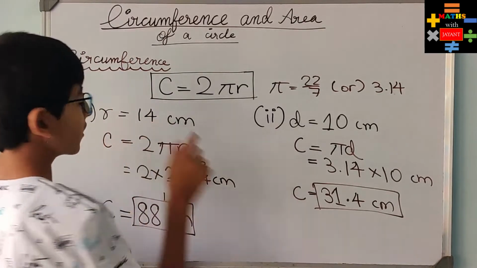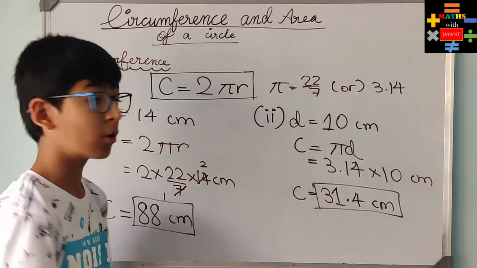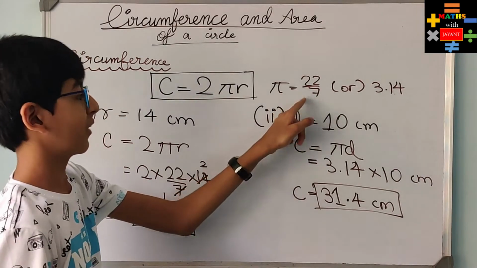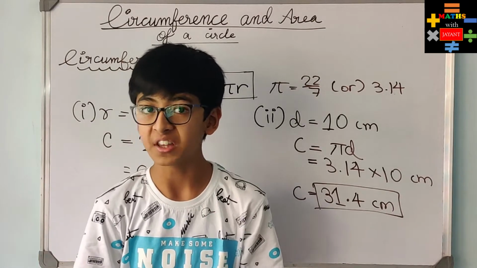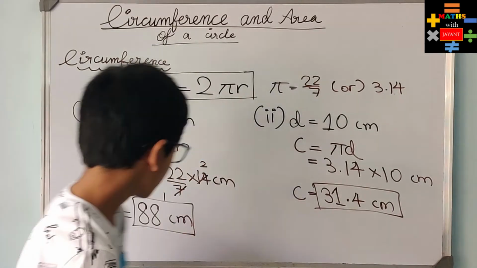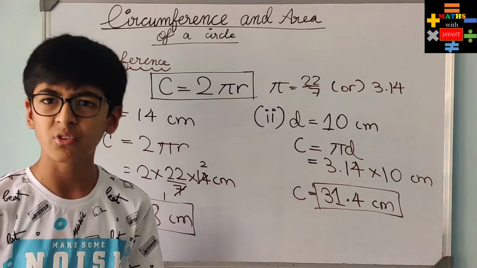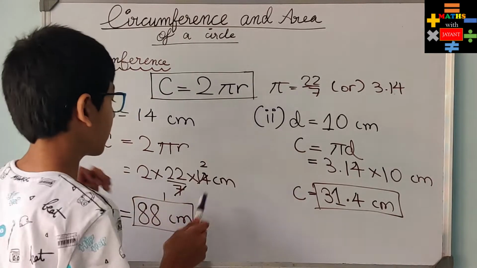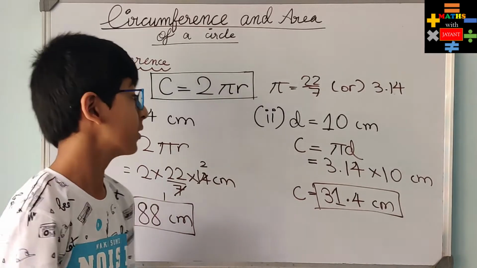Like 14 comes in the table of 7, right? Then it's a better option to go with 22/7. Why? Any idea? Because we can cancel. That will make the calculation easier. Look, over here you see I cancelled. Over here you could have used 3.14, but that would become 3.14 into 28. That would involve more calculation.